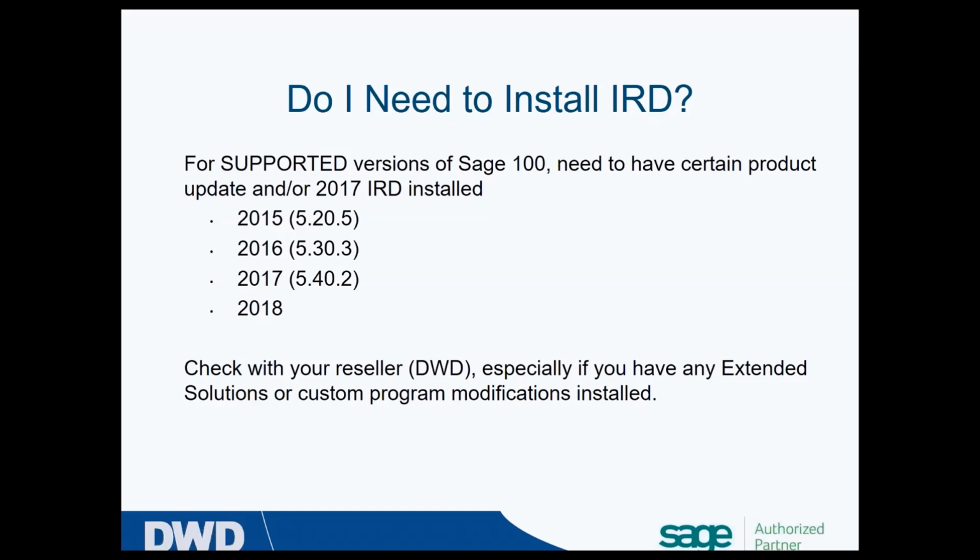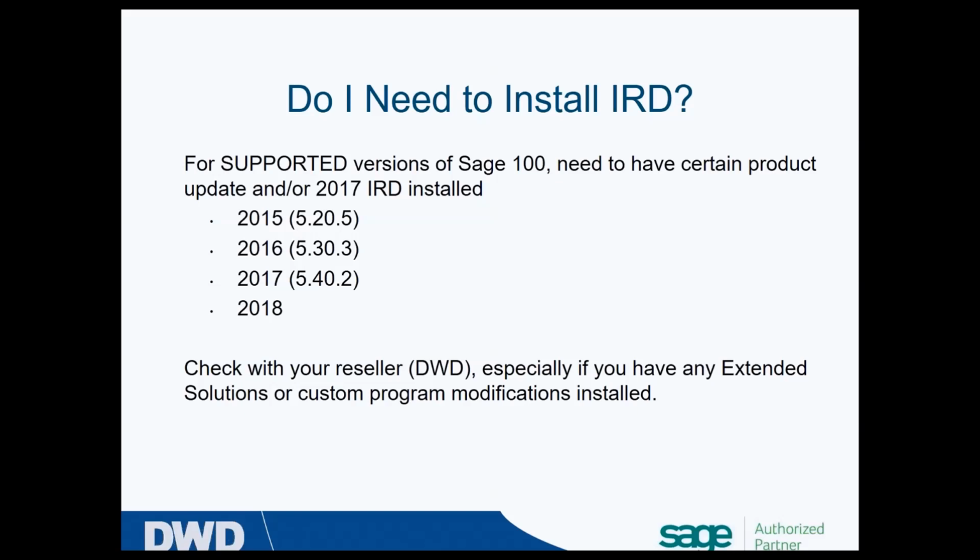With regard to the IRDs, though, anytime you install software, do be careful if you've got any third-party solutions or if you've got any custom programming. The way that you can figure that out is if you get into your Library Master module and you get into the Reports section, you can find an installed modules listing report, and that should give you an indication of all of the core Sage 100 products and any other third-party additions that are installed.